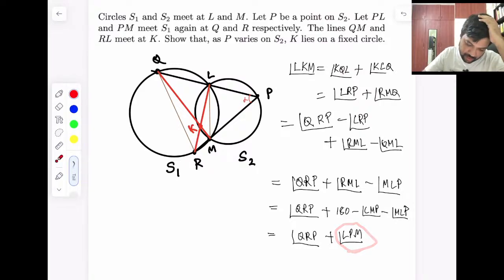As P varies, LM is fixed. As P varies over S2, at least in the upper major arc here, this remains the same. So this LPM is not changing. But I have some extra term QRP. I might have made a mistake. So you guys should ask me in chat now where I might have made a mistake.